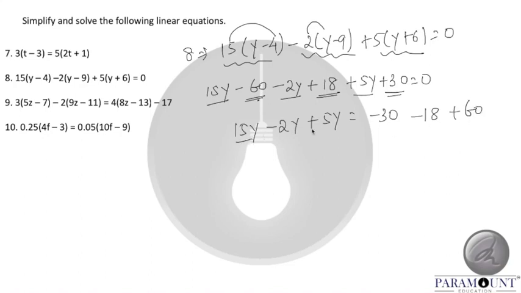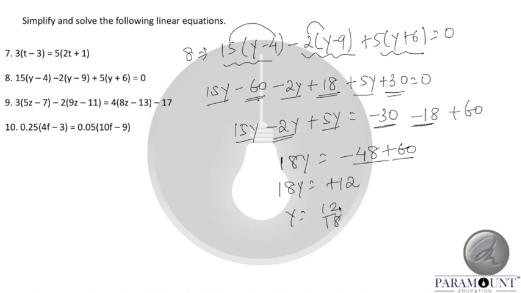So 15y plus 5y is 20y, and 20y minus 2y becomes 18y. Here we will get minus 30 minus 18 becomes minus 48, plus 60, which becomes positive 12. So y becomes 12 upon 18. So this again gets cancelled: 6 2s are 12 and 6 3s are 18. So we get the value of y as y is equal to 2 by 3.